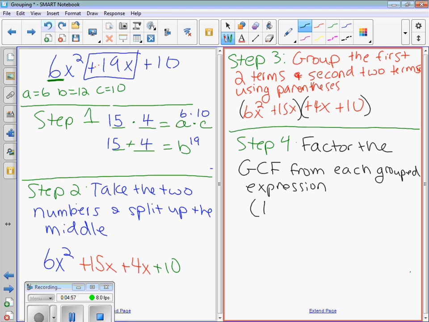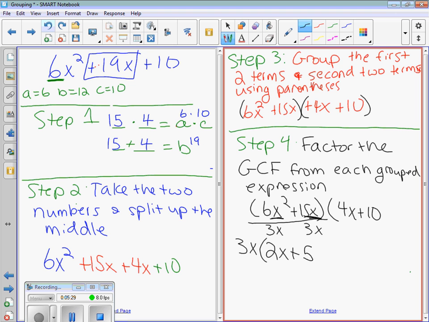Okay, so we have 6x squared plus 15x pulled out of the first one. Our greatest common factor of numbers would be a 3. And since there's an x in both of them, we can take out an x as well. So I'm going to take out a 3x from both of them, which means I'm going to divide them both by 3x. 6x squared divided by 3x gives me 2x, plus 15x divided by 3x is 5.